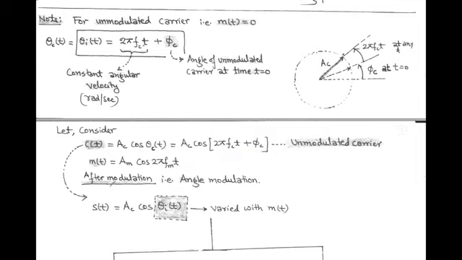And after angle modulation, the angle of the carrier signal is changed according to the message signal and becomes the angle modulated wave, denoted by s of t equals A_C cos theta_i of t. Here theta_i of t is called the instantaneous angle that varies with respect to the message signal or modulating signal.